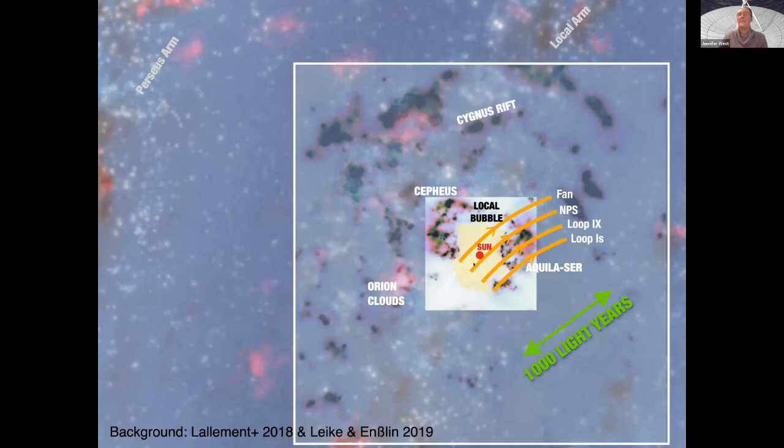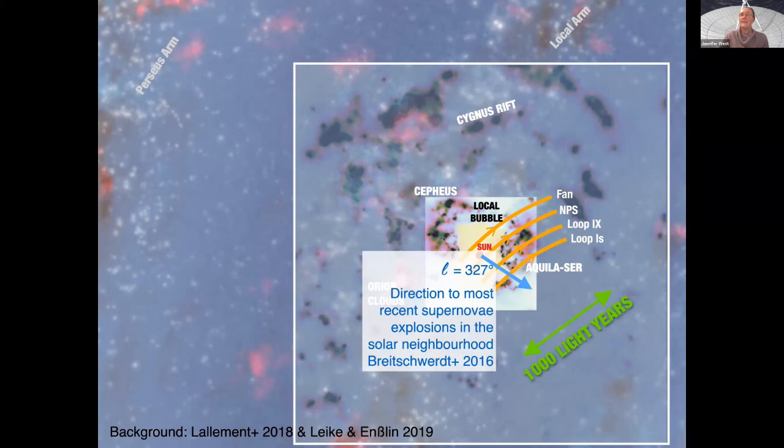I said we were in the middle of it. And this is called the local bubble. And this local bubble is thought to have been caused by about 10 or 12 explosions of stars in our nearby galaxy. And this is the direction which we think those stars were in when they exploded.